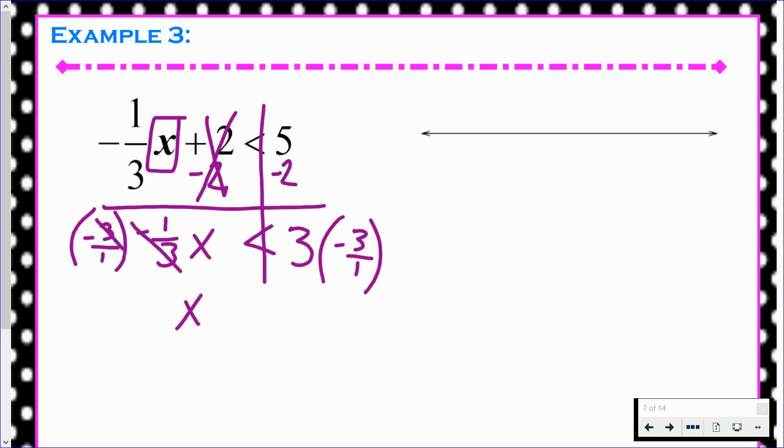And now, if you notice, I multiplied by a negative number that was attached with the variable. So that means I'm going to flip the inequality. And now 3 times negative 3 is negative 9.